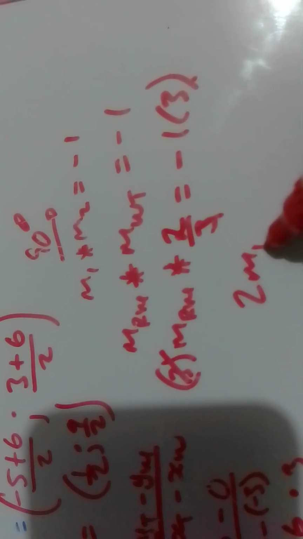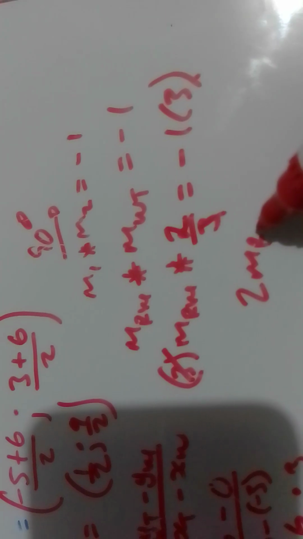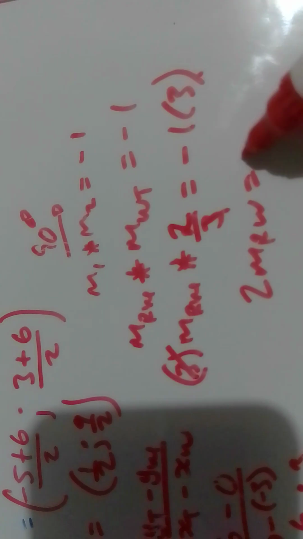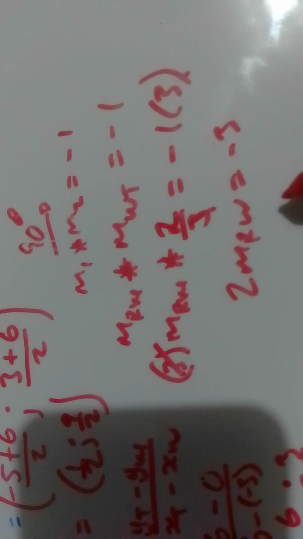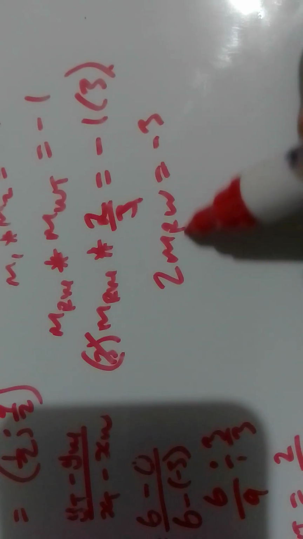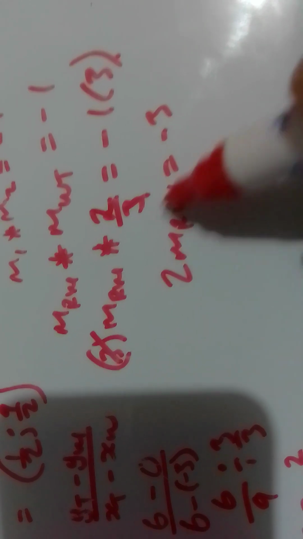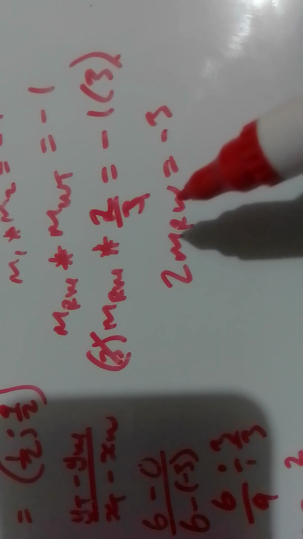So now we have 2 times the gradient of RW is equal to -1 times 3. It's a -3. Now, we want the gradient of RW, but we've got a 2 here, and they are multiplying. The opposite of multiplication is what? Division.